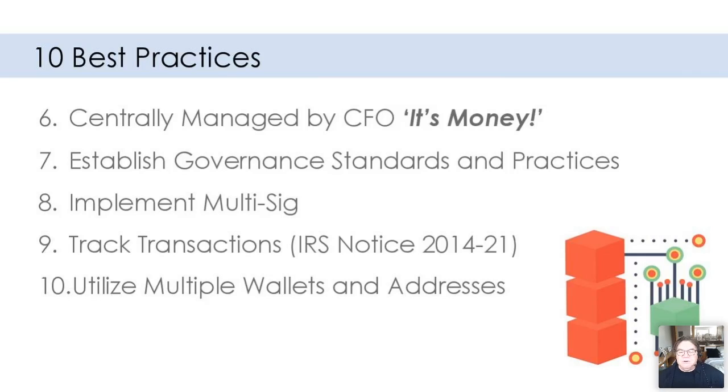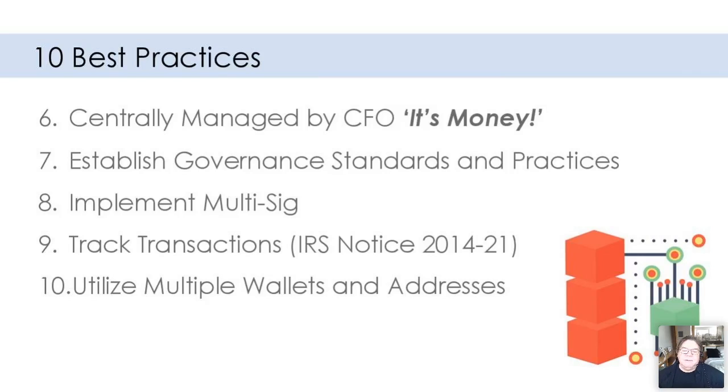In that same vein, you need to establish governance standards and practices, implement multi-sig, which for large transactions is nothing more than two people signing a transaction. So just like you might with a big check, you might require two signatures on a paper check. Bitcoin supports multiple signatures on a transaction.